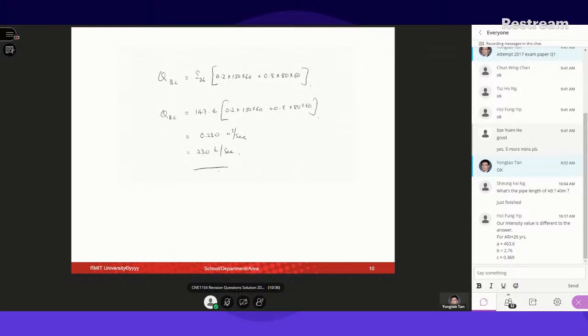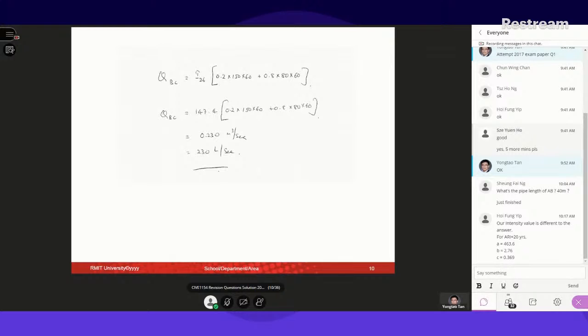You mean which intensity value, 26 minutes? In this question, they use the IDF table in the exam paper. Because this is 2017, it is not the updated version from the manual.